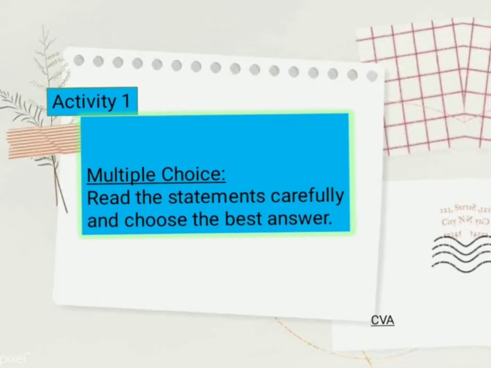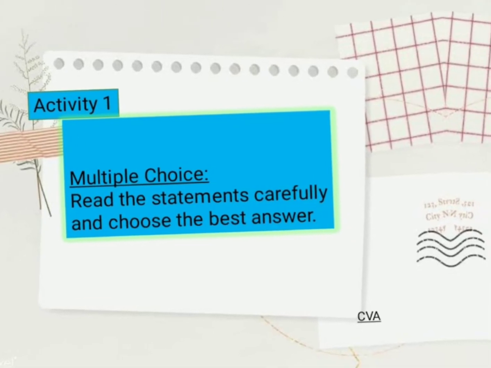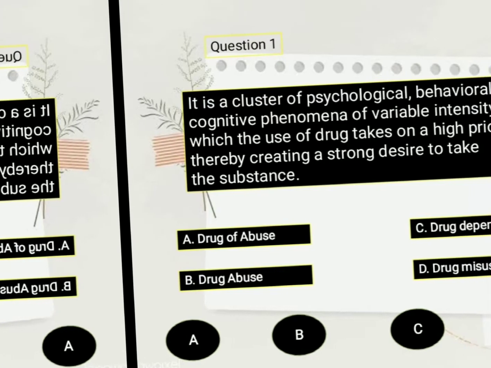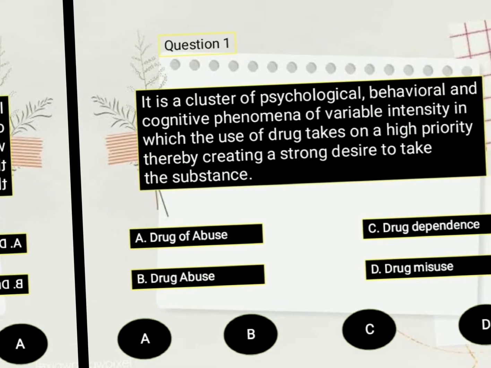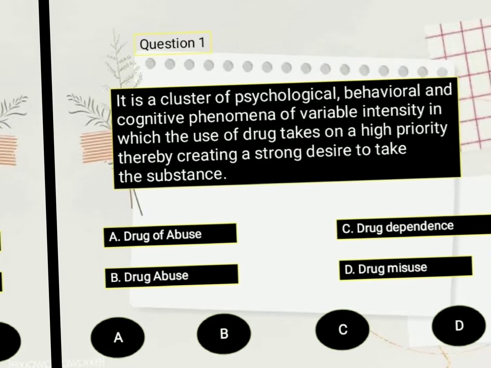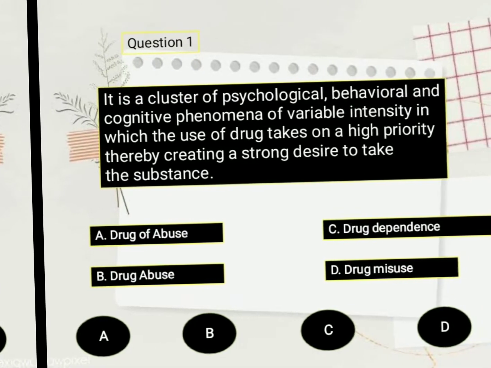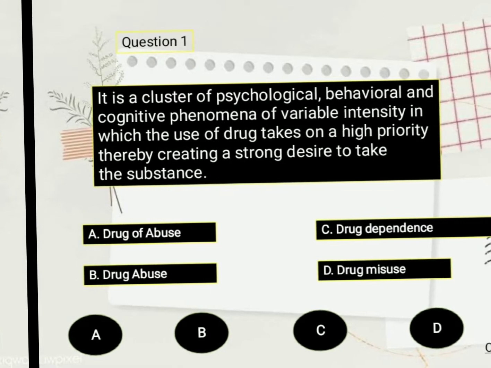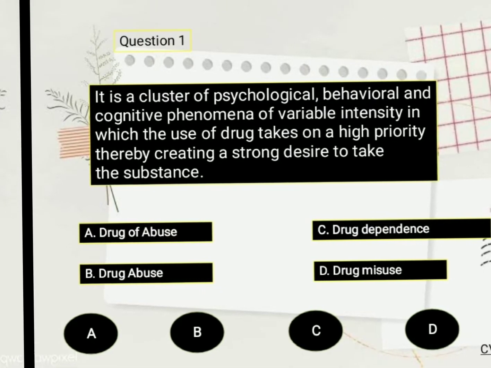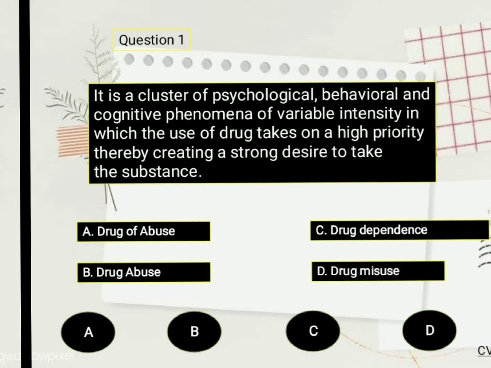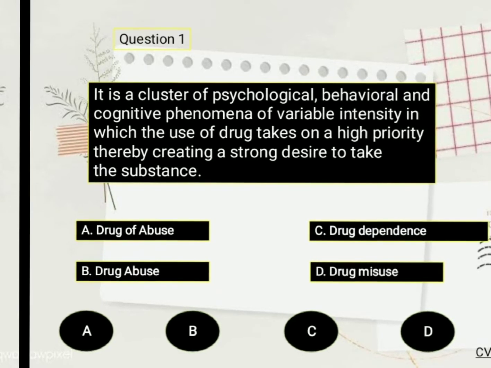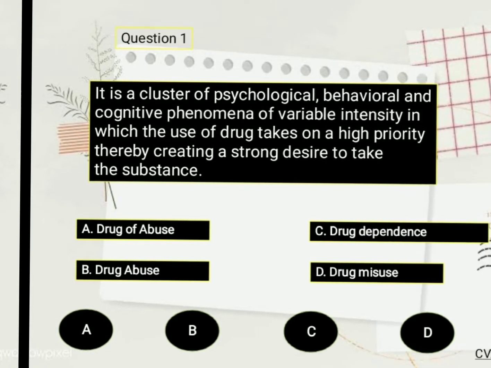Multiple choice. Read the statements carefully and choose the best answer. Question number 1. It is a cluster of psychological, behavioral, and cognitive phenomena of variable intensity in which the use of drug takes a high priority, thereby creating a strong desire to take the substance.